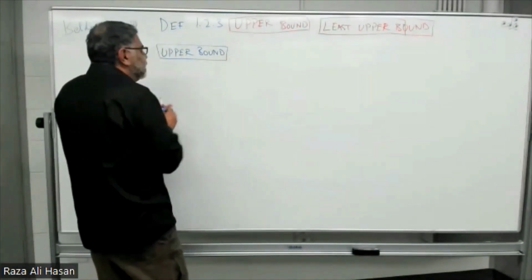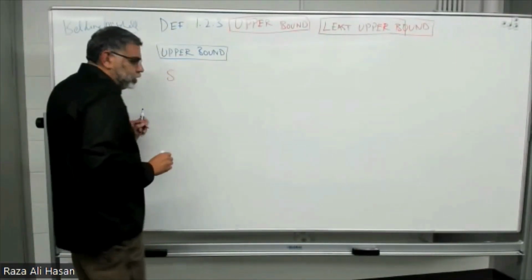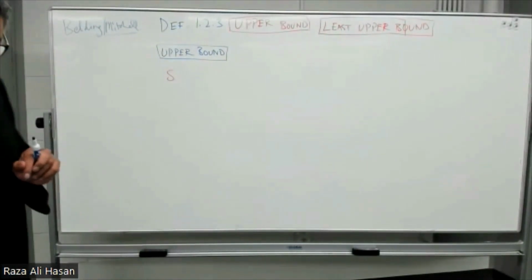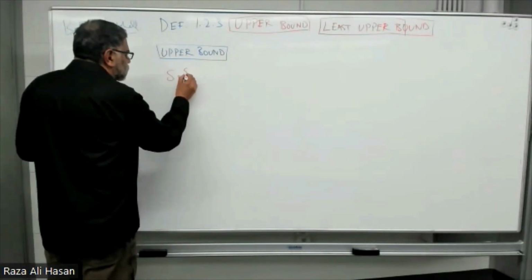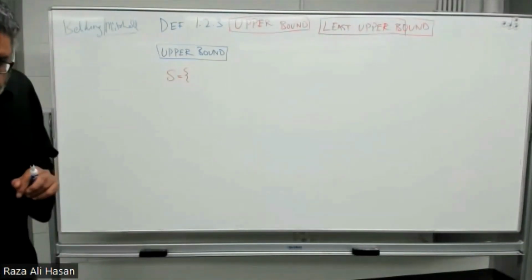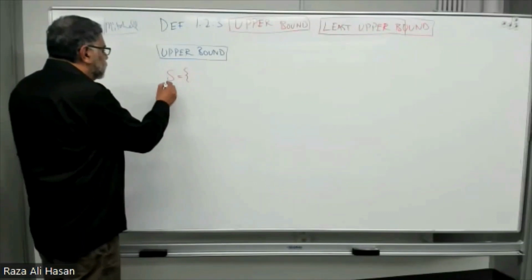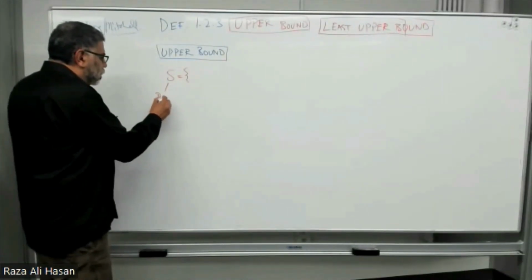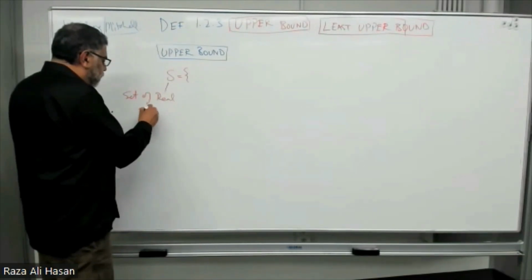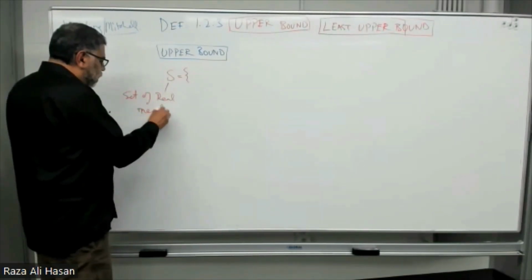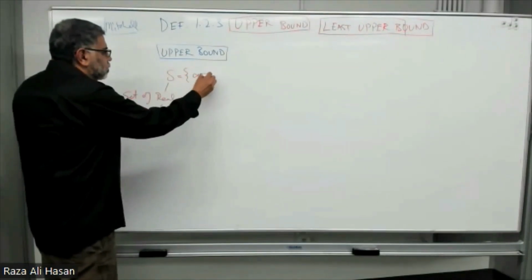So for an upper bound, you need a set, right? Let's call it S, a set of real numbers. This is a set of real numbers, and it has alphas in it.